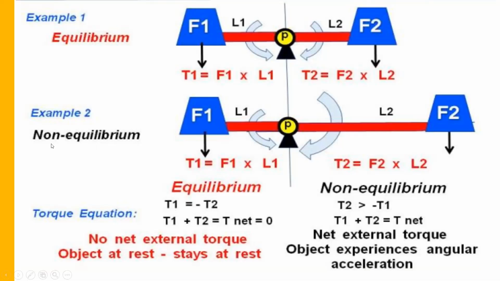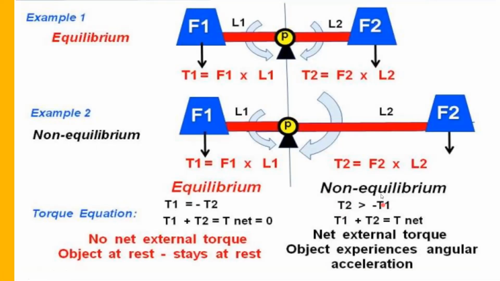Once they are not equal, they are unbalanced torque, like here. Torque number 1 is F1 times L1. Torque number 2 is F2 times L2. We will say that they are unbalanced if torque 2 is greater than torque 1.